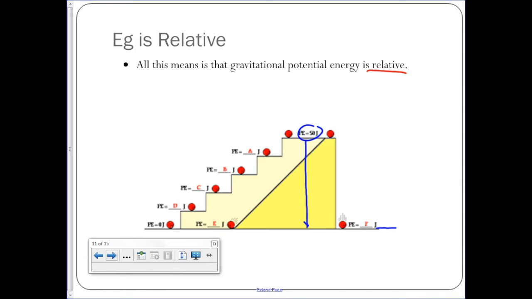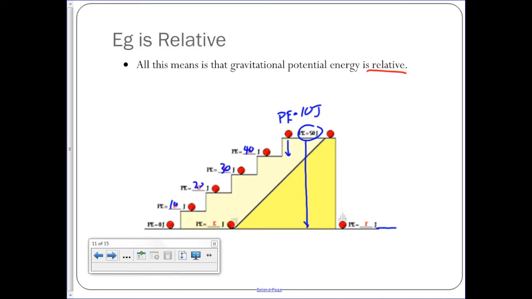If we go down the staircase, we know that there are 1, 2, 3, 4, 5 stairs. We would assume each one of these would decrease by 10. However, if we were to look at the potential energy at the top relative to the first stair, we would only see the potential energy as 10 joules.